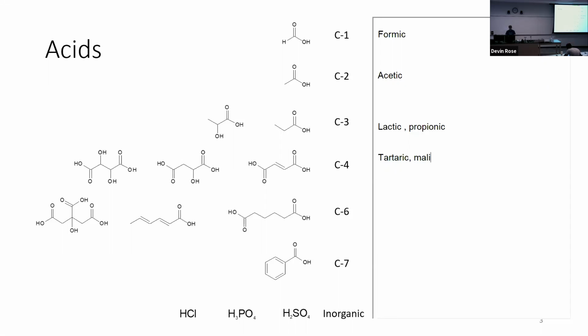Next, we have malic acid. Malic acid is a common acid in fruits as well, very predominant in apples and also peaches. And then the last one there is fumaric acid.